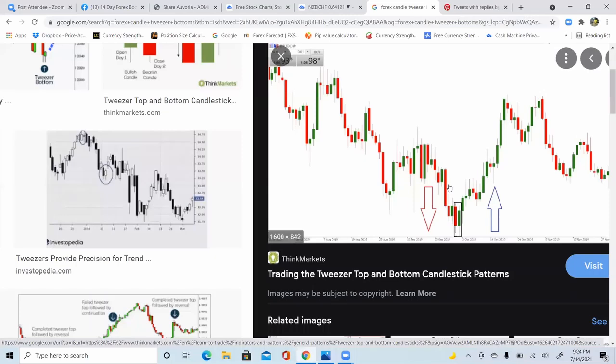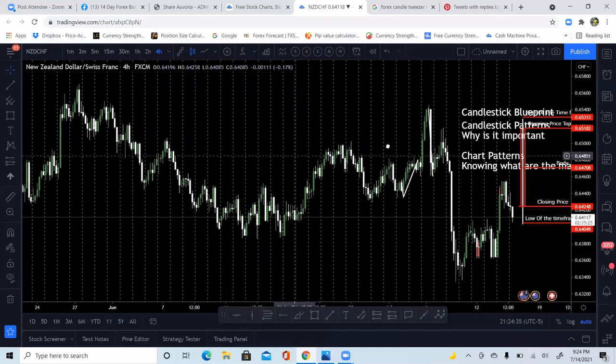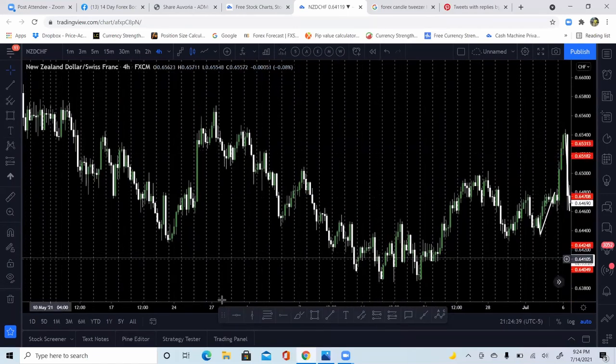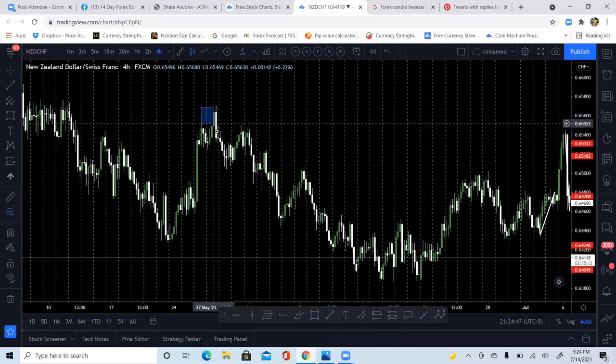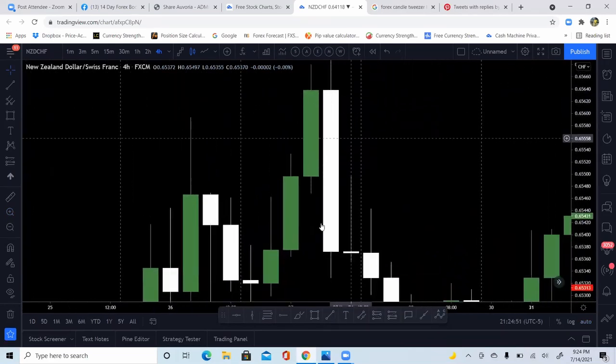That's why it's important to know it. So if you know that there's a common area where price is moving, let's look here. You see, before every major move, one of these patterns happens. Look at this move here. You have an engulfing candle here.